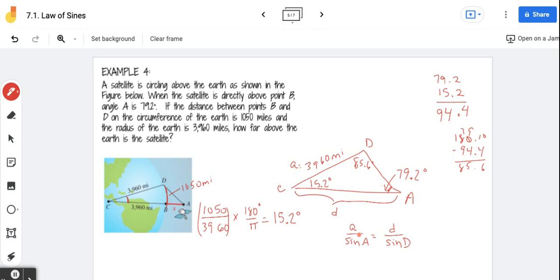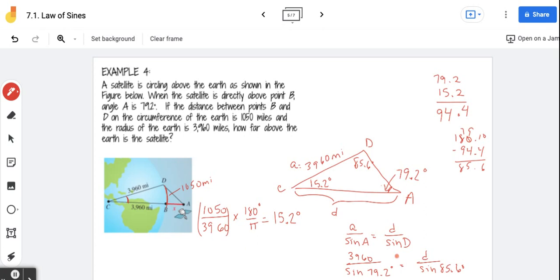So little a is 3,960 over the sine of angle A, which is 79.2 degrees, is equal to little d over the sine of angle D, which is 85.6 degrees. When I cross multiply, I'm running out of room, so let me come over here.